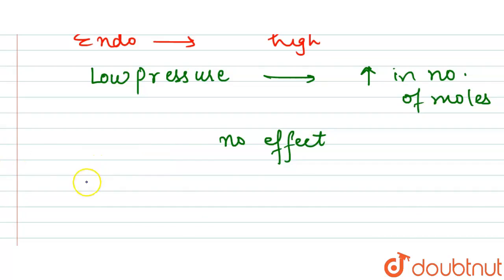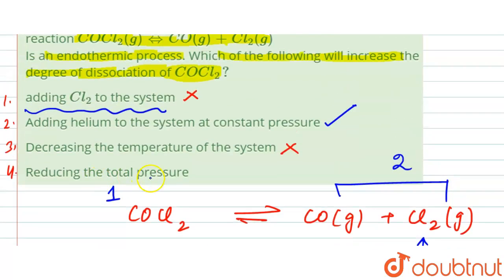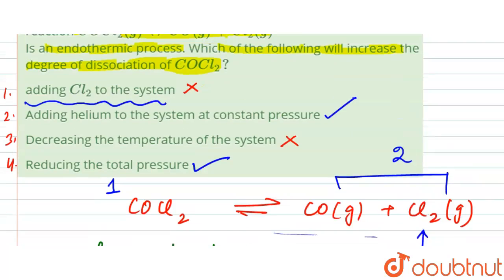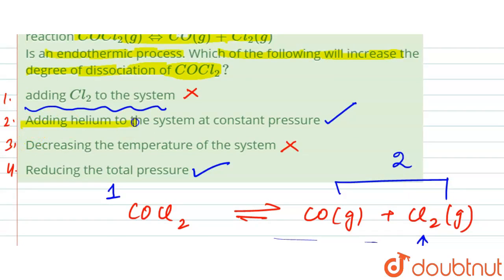When we have high pressure, it goes in the direction where the number of moles decreases. Here we are reducing the total pressure, so the equilibrium will shift in the forward direction, because 2 moles are on this side. So this is also correct. Our correct answer is option 2 and option 4.